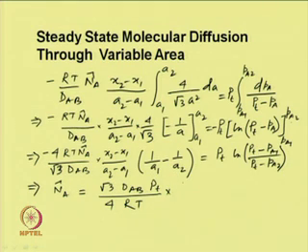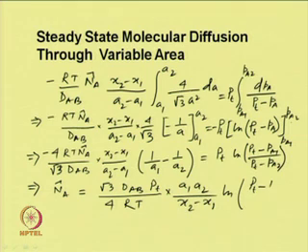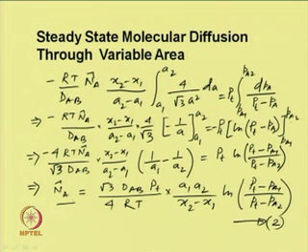So, it will be A1 A2 by (x2 minus x1) ln (Pt minus Pa1) by (Pt minus Pa2). So, this is the molar flow rate equation of component A through the variable area of equilateral triangular cross section.